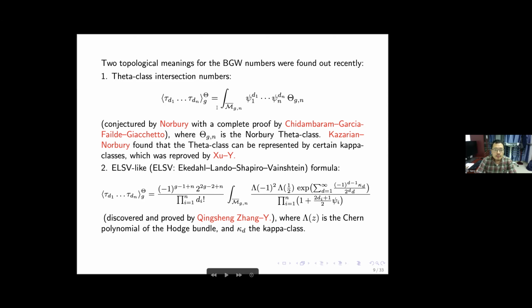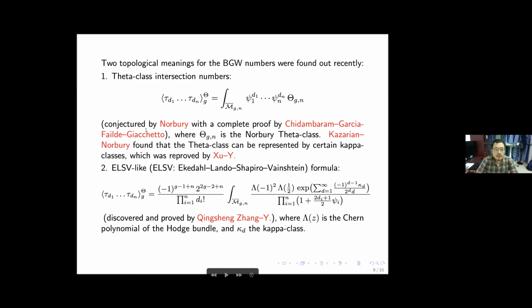This was conjectured first by Norbury, and later proved completely by Chidambaram, Garcia-Failde, and Giacchetto. Here, theta_g,n is the Norbury theta class. Kazarian and Norbury found that the theta class can be represented by certain kappa classes, and this was later reproved by Jianghao Xu and myself using Galilean symmetry.